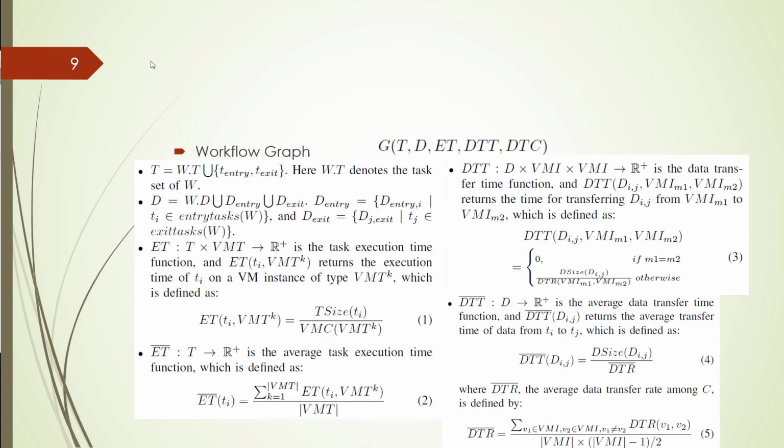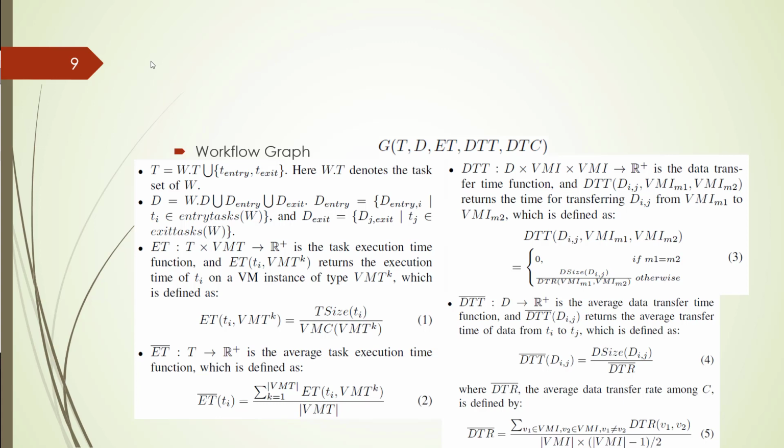W_T is the task set, and D is the union of the data dependencies and the D entry and D exit edges, where D entry is the edge from entry to T_i where the task T_i belongs to the entry tasks of W, and the D exit is the edge from task T_j to the exit, where T_j belongs to the exit tasks.